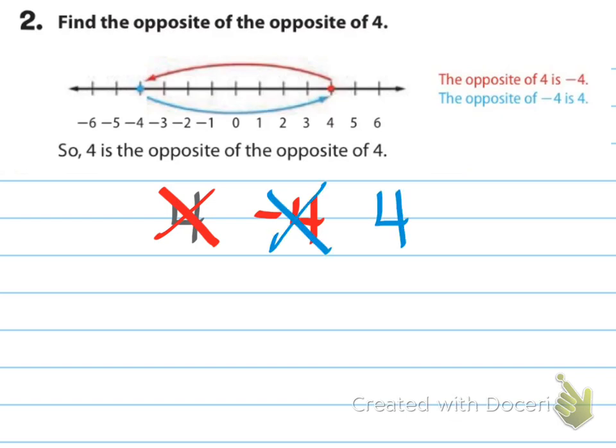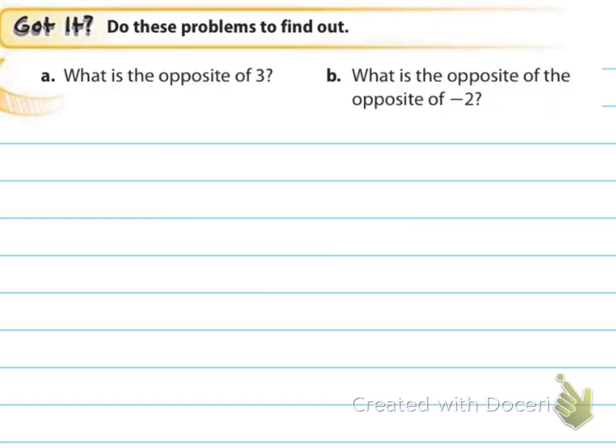And they're showing it on the number line, where we start at our +4. The opposite would be -4, but we're doing the opposite of that, which would put us back over to +4. All right, so now we want to know what the opposite of 3 is and what the opposite of -2 is.